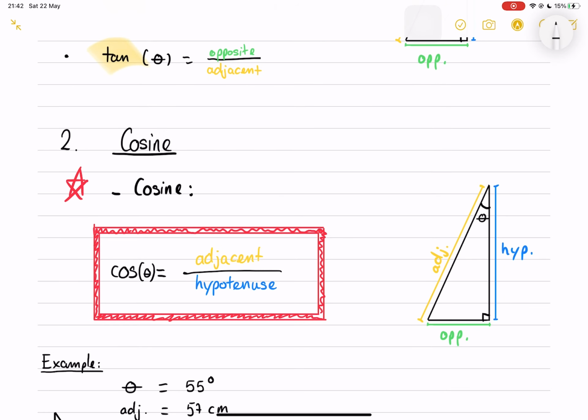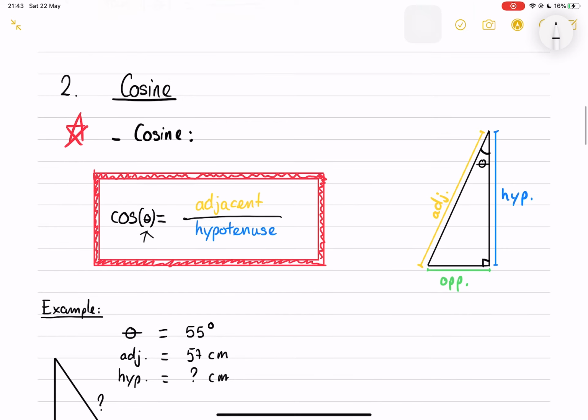So first thing, cosine. The cosine function of an angle is equal to the adjacent divided by the hypotenuse. I have a picture next to it to explain. Like this angle equals this divided by this.